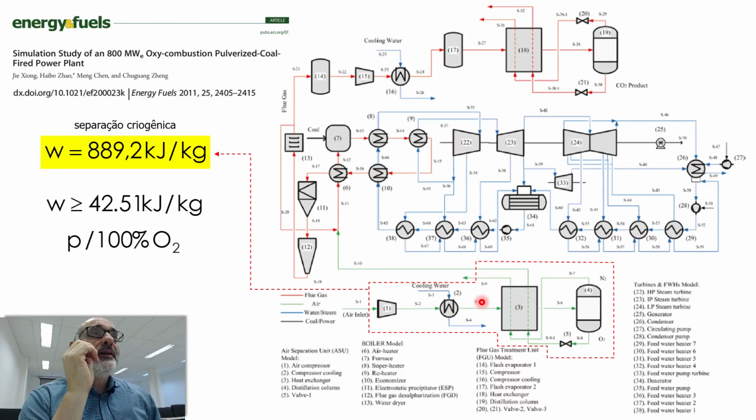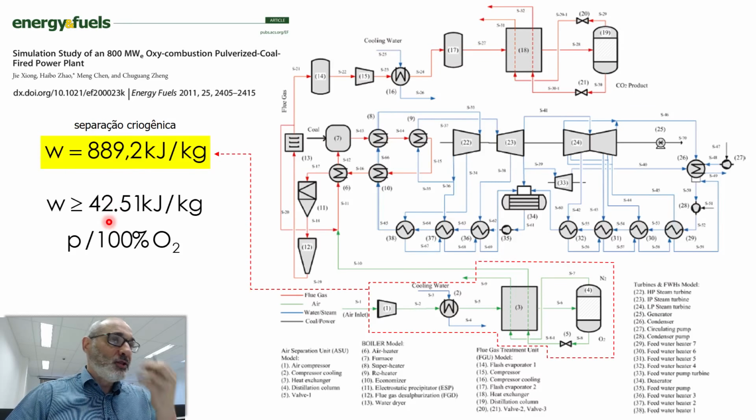No, I'm not concerned with this, what I call details, because the idea is just to get these big numbers here. You see that today's technology spends at least 20 times more than the minimum amount of energy. So this means that there's a lot to be done, because we can achieve 42, but we are consuming 889.